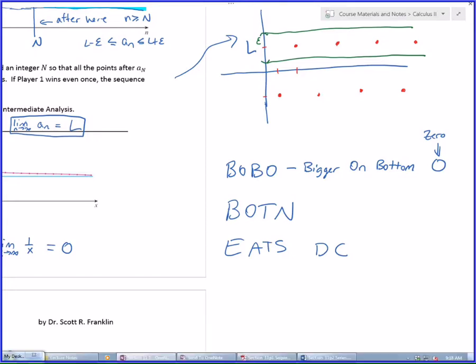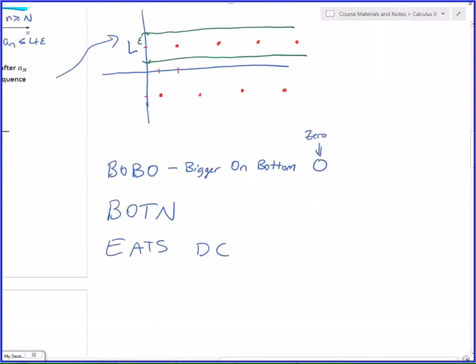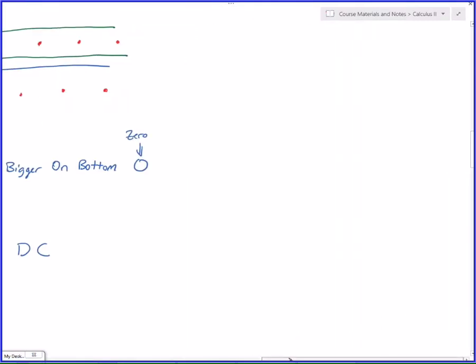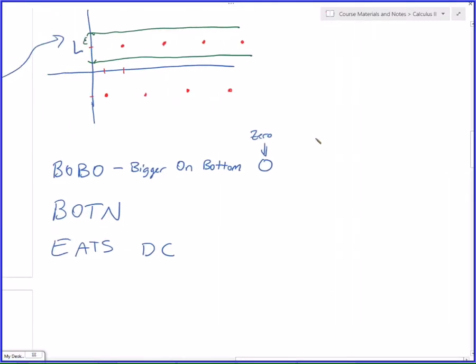Now, what do I mean by that? Think of it this way. If I had n squared over n cubed, or if I had 3n cubed plus 4n squared over n to the 6th minus 1.